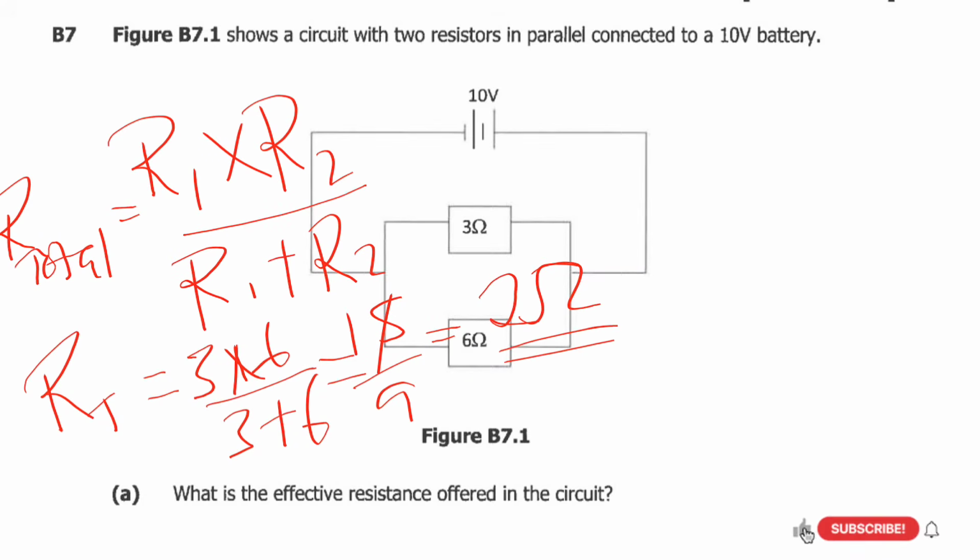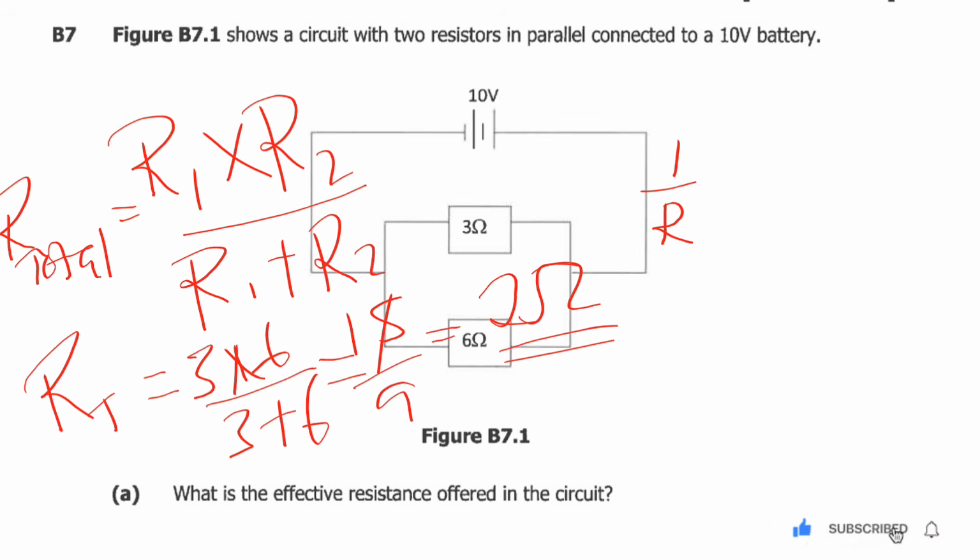The second way you can calculate total resistance is by using this formula, and this is applicable when you have more than one resistor, even more than two resistors. Here we just have 2, but you can still use it.